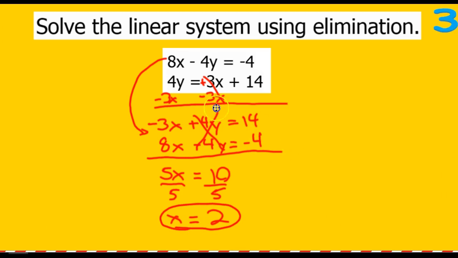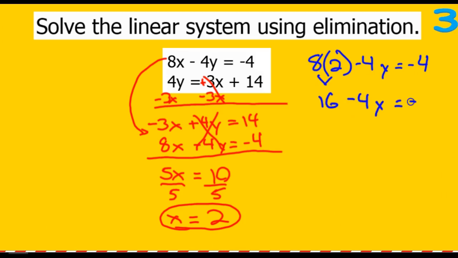Now we take that 2, substitute it in for one of our problems. So we could do 2 times 8 minus 4y equals a negative 4. 2 times 8 is 16 minus 4y equals negative 4. Subtract the 16.